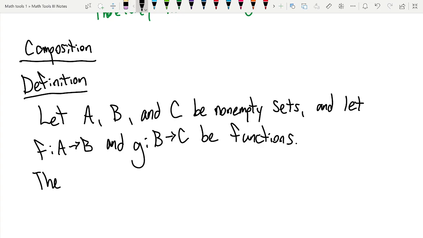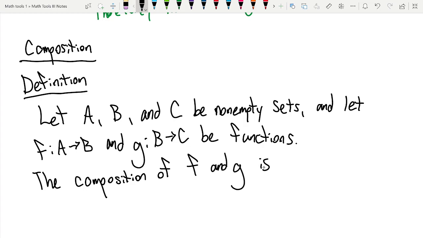But that's what this theorem says. So the composition of f and g is the function g composed with f, from A to C.